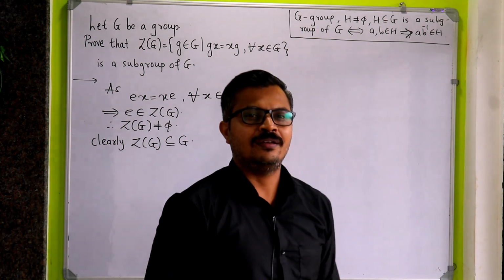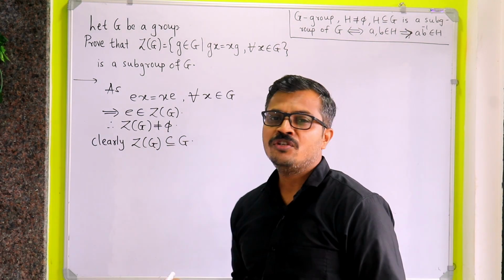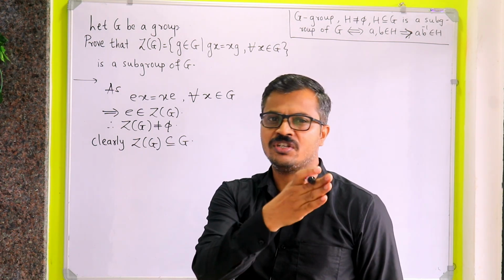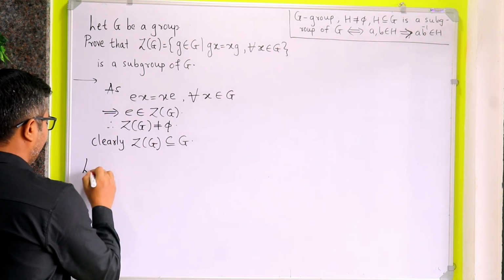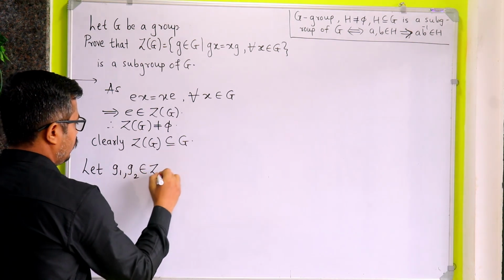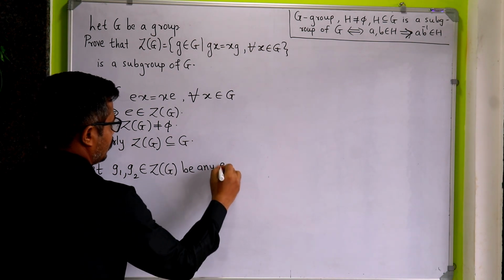Now again, in order to use the one-step test, we should start with any two elements from the center. We'll call those elements g1 and g2 respectively. So I will say let g1 and g2 belong to the center of G be any elements.